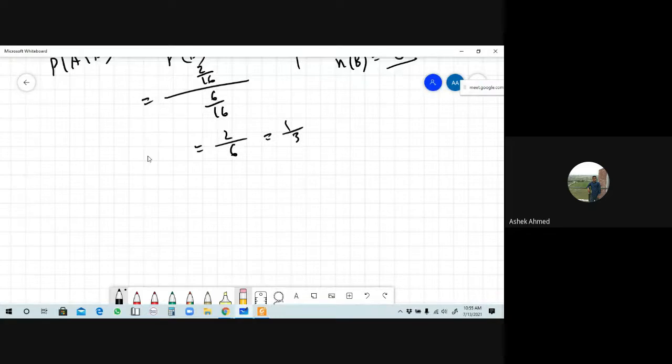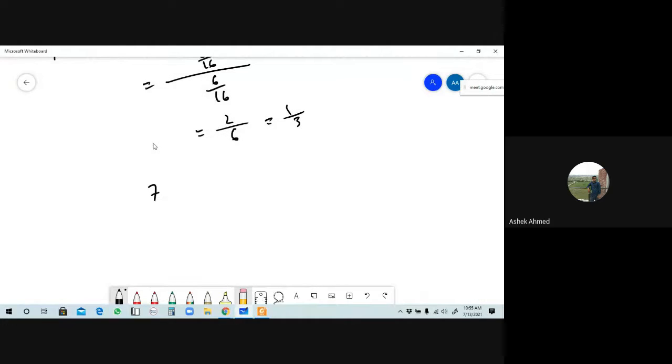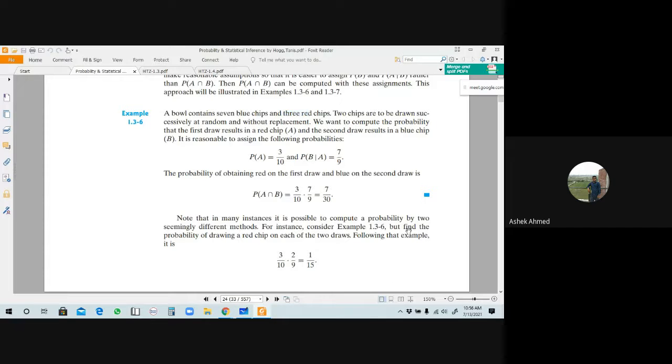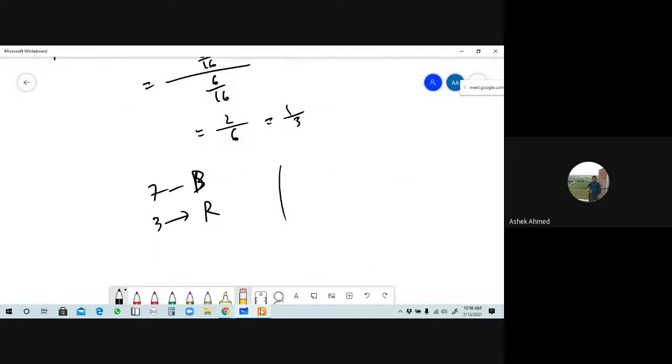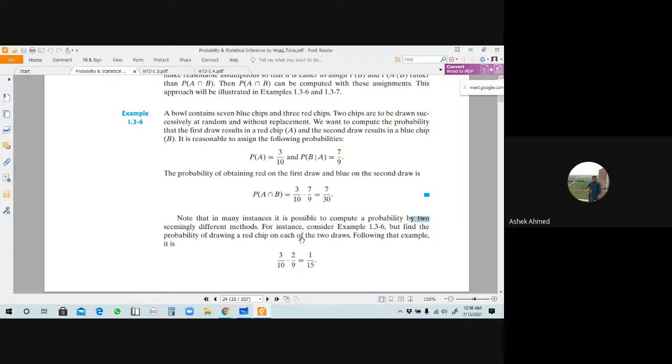In that problem, it is given 7 blue chips and 3 red chips. But we have to find the probability that, from here we have to draw 2 chips, but both chips will be red also.